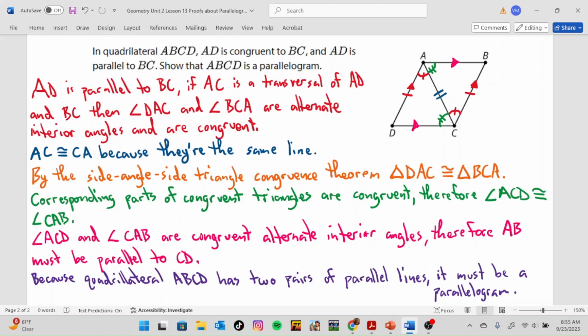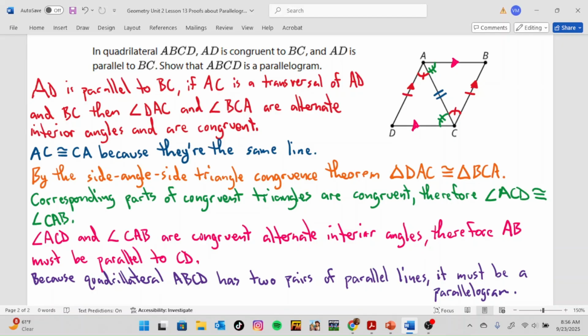Once we know that those angles that we marked in green with the two tick marks are congruent, we know that they are alternate interior angles because they are congruent, which then proves that the top and the bottom must be parallel, because that's the only way we can cut two lines with a transversal and have the alternate interior angles be congruent.